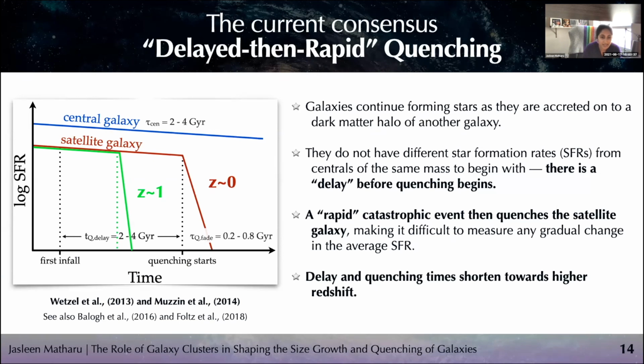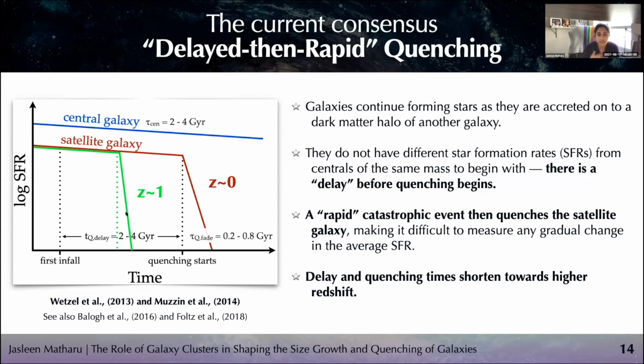Then a rapid catastrophic event quenches the galaxy, making it difficult to measure any gradual change in the average star formation rate. High redshift studies have found that the delay and quenching times become shorter, with work on the GCLASS clusters in particular finding they are about 2 times shorter at redshift 1.